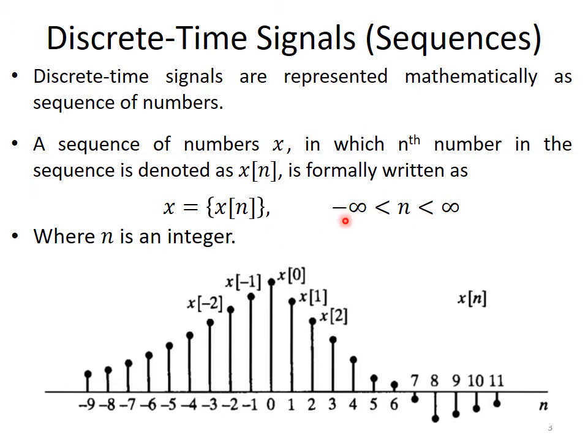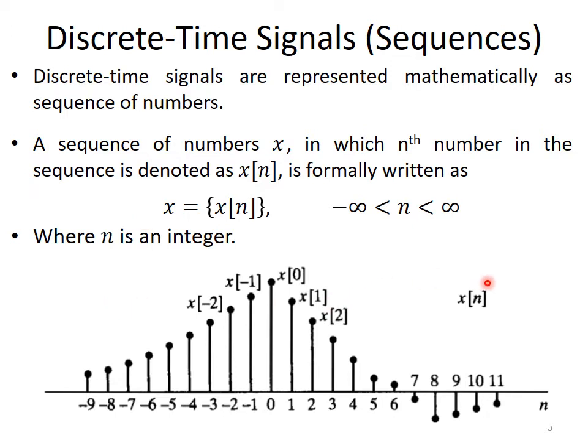You can see here it extends from minus infinity to infinity, but it would have only integer values, minus 100, minus 99, minus 10, 1, 2, 100, 1000, whatever, but it cannot be 100.5, 100.25, something like that. So the signal is formally written in this form: x equal to x of n, right?